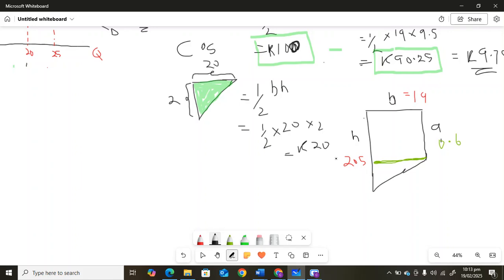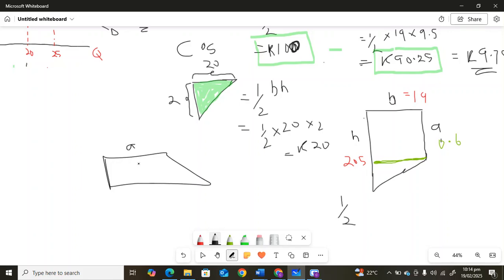So I was asking about the formula for a trapezium. Okay, half times A plus B times H. Now let's see when they put the trapezium like this.